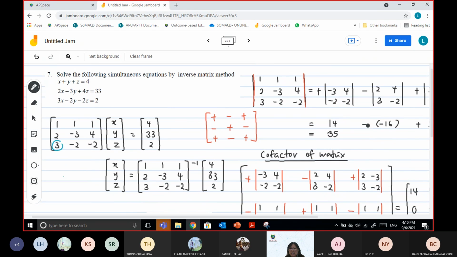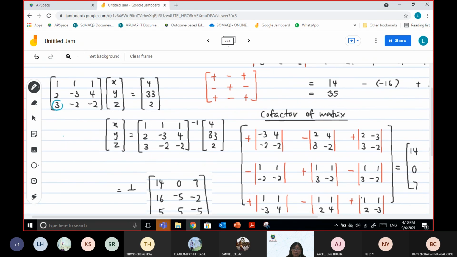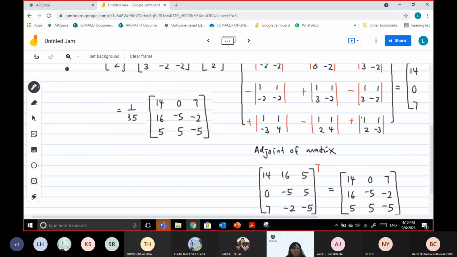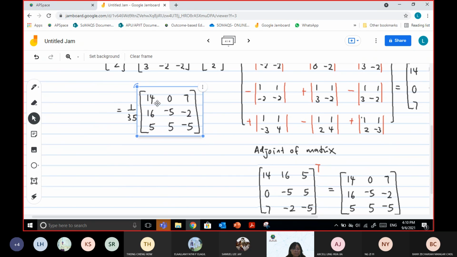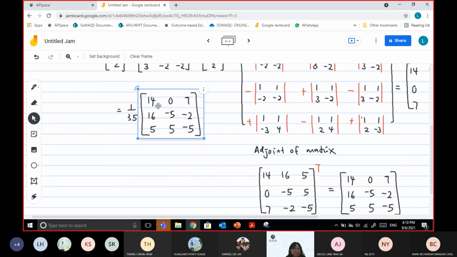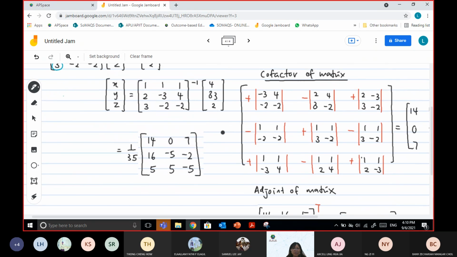Our determinant just now is 35, so 1 over 35. Then multiply with the adjoint of the matrix. Then you have to multiply with the 4, 33, and 2.